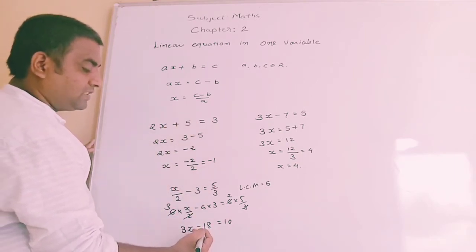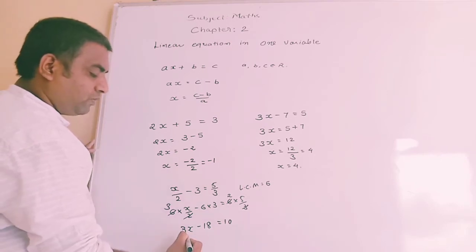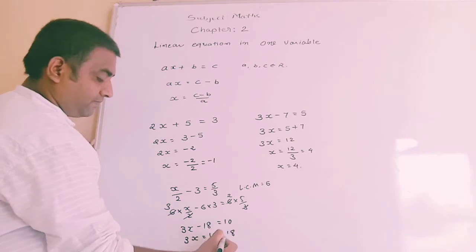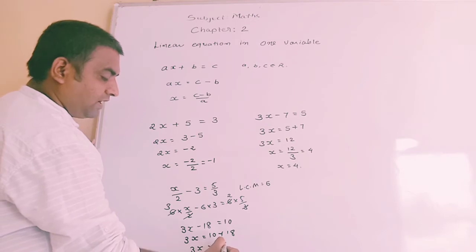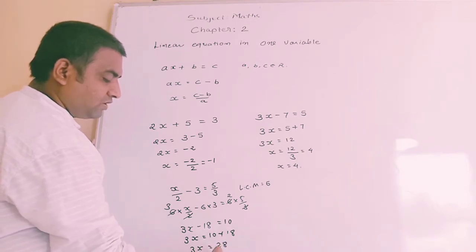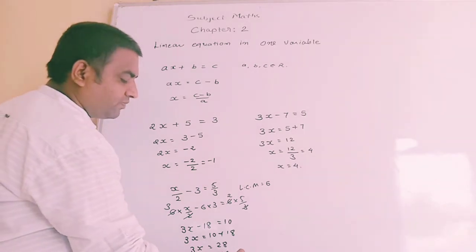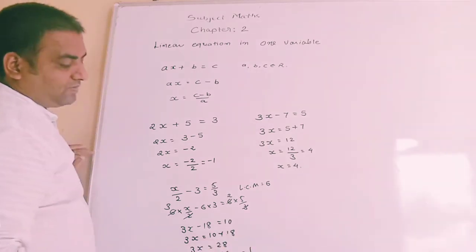And so minus 18 will be transposed from left side to right side. It will convert into plus. So 3x equals to 10 plus 18. And so 3x is equals to 28. And so x is equals to 28 by 3. So we convert into mixed fraction. Then 3 9s are 27, 1 by 3.